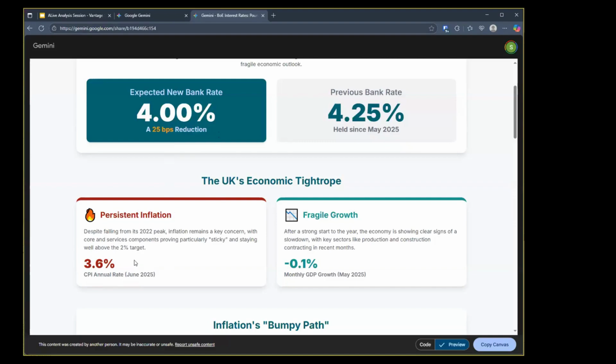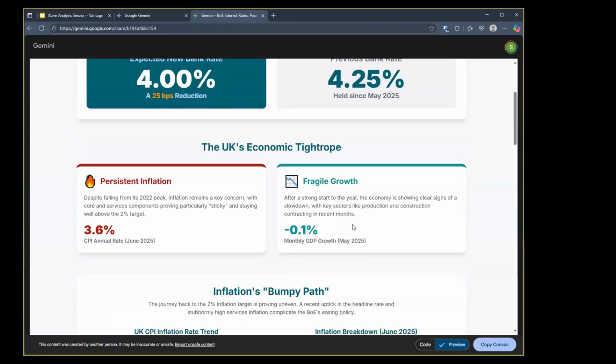The price of goods and services will increase if interest rates are reduced at too fast a pace. In terms of GDP, month-on-month growth is negative 0.1%. Again, this is the growth, so it's slowing down, but it is still growing, albeit at a slower rate.